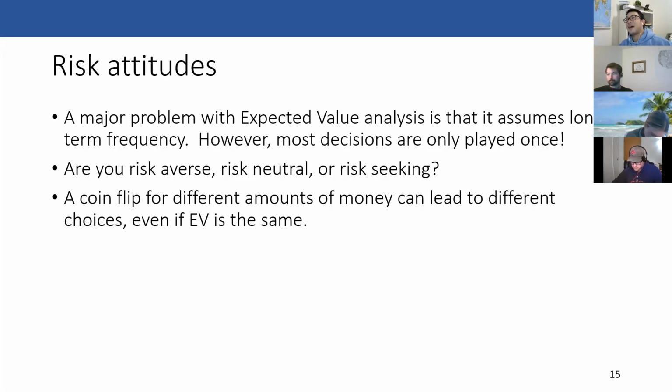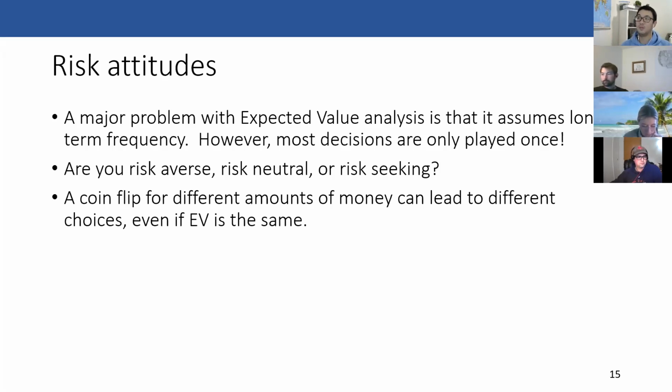In fact, that decision-making process can change even if those two outcomes have the same expected value, with different quantities of money. So think about what you would do. Would you rather flip the coin or take the guaranteed 50 cents? And then what if I offered $1,000 versus $0, or a guaranteed $500?